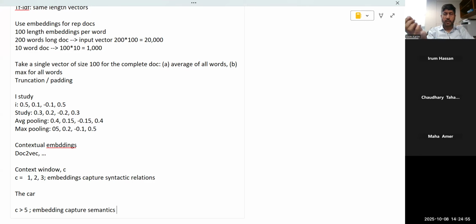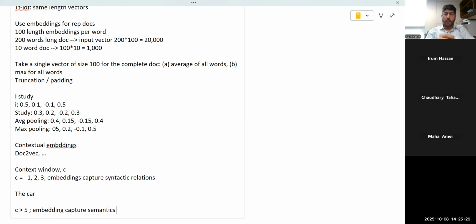Semantics could be a semantic field, connotations, antonymy, polysemy, and so on. Okay? So semantics would be more highlighted in the embeddings if you learn them when C is large, larger than 4, 5. If you keep C small, 1, 2, 3, then the embeddings that you get would highlight grammatical information or grammatical usage of words.